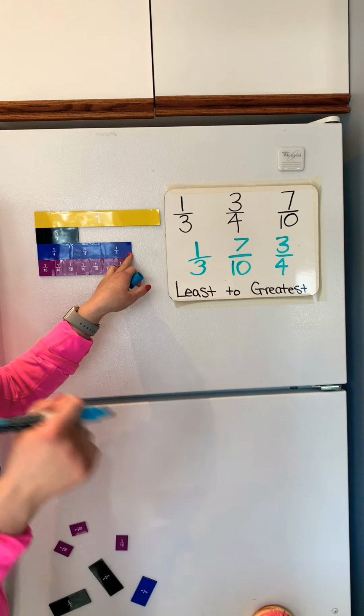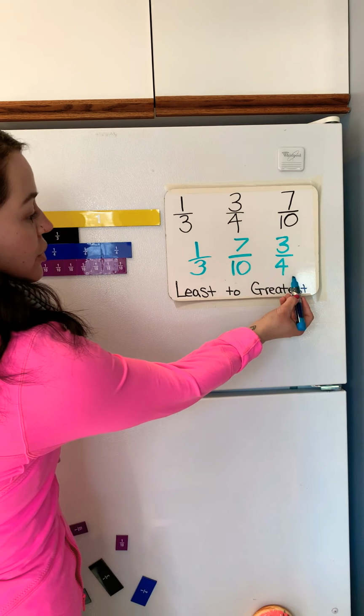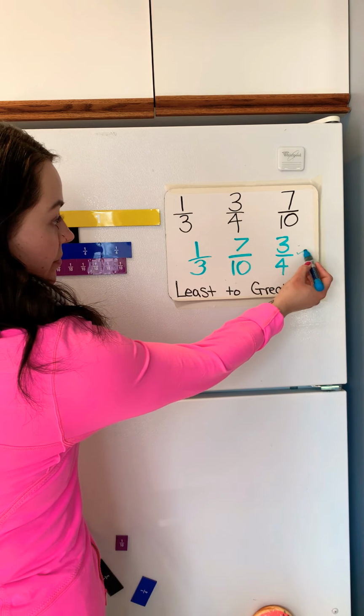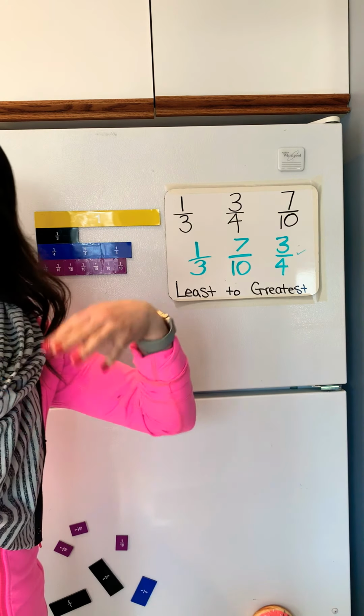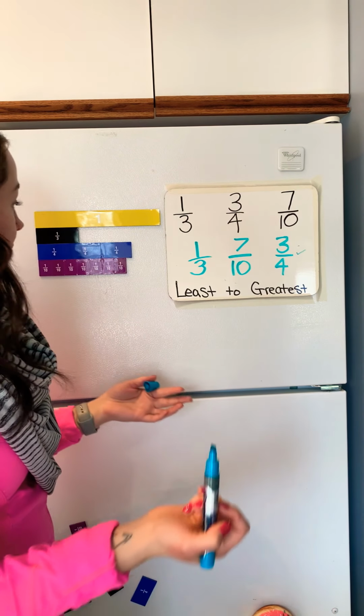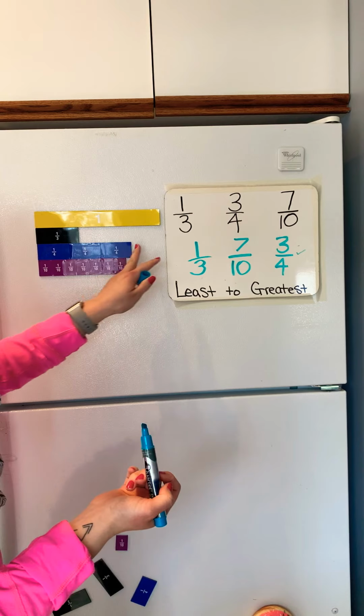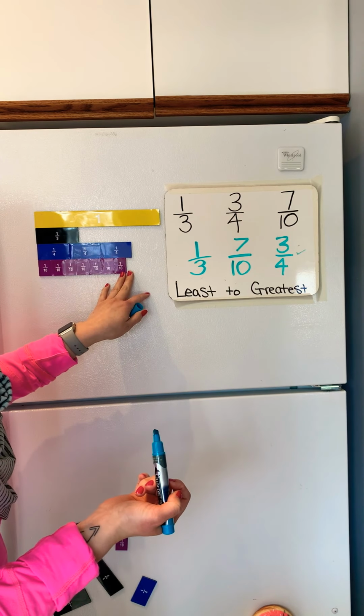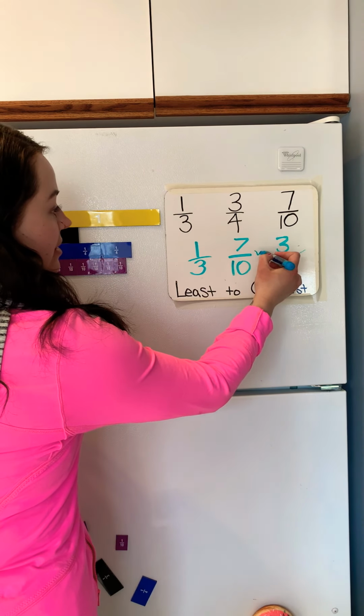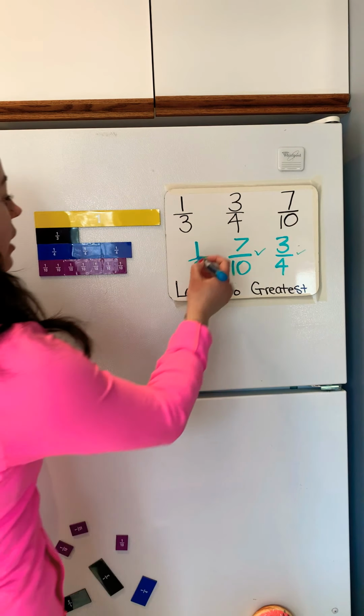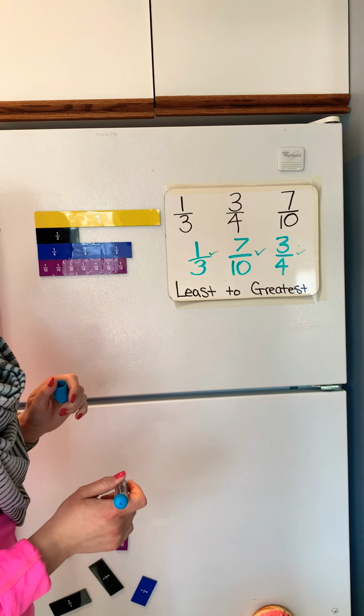Well, I know 3/4 is the largest, it's the greatest, so it should be here. Good. What is the next largest fraction? Looking at it here, which is 7/10, and I have that one next. And then the smallest is 1/3.